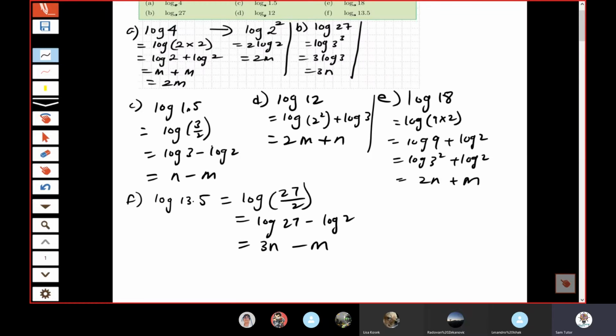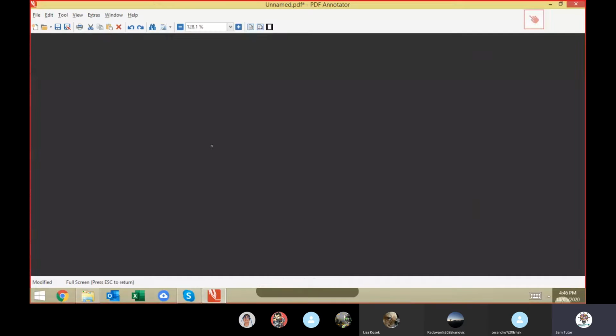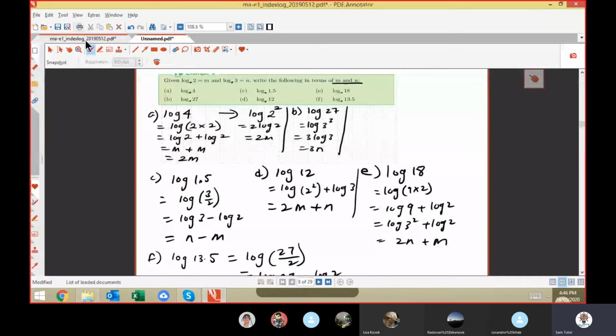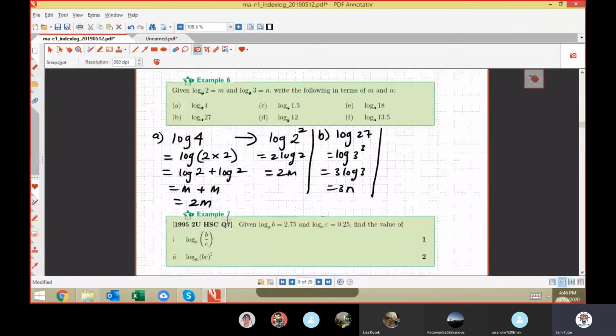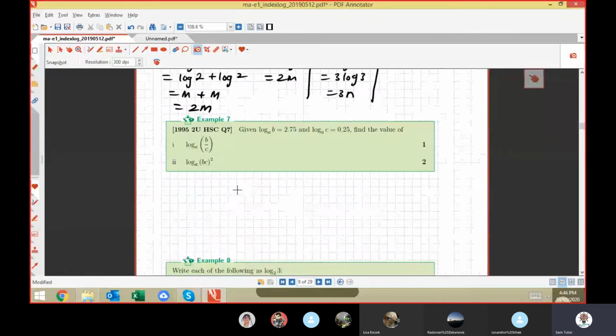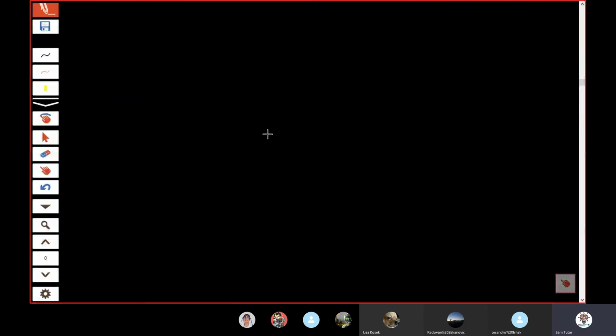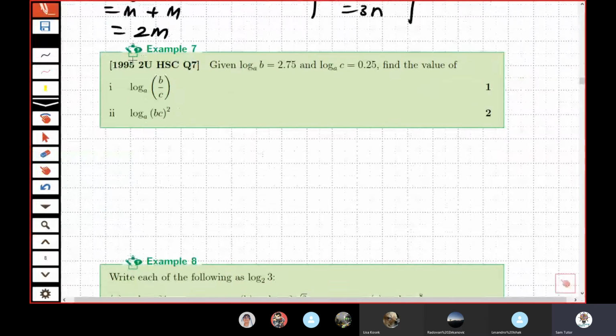Let's look at an HSC question. Boom. All right, HSC, question 7. Have a quick read of it. And again, just for your comfort, at the moment you can ignore the A when you're reading it, but I'm going to keep the A in there just to show you how we work if we're going to write the A's.